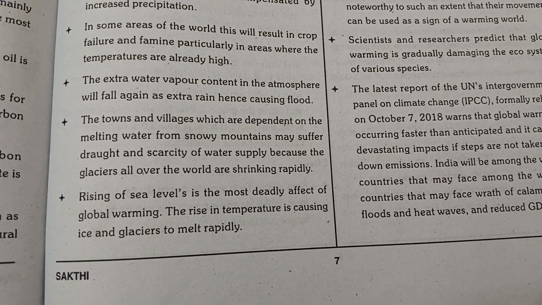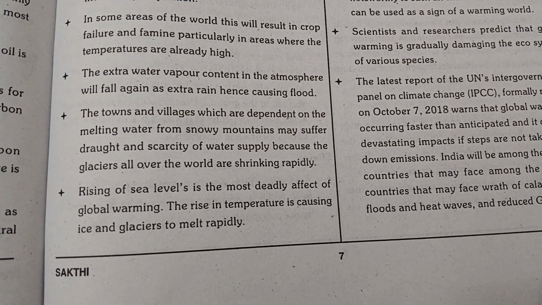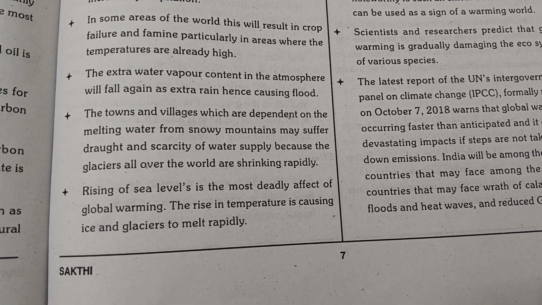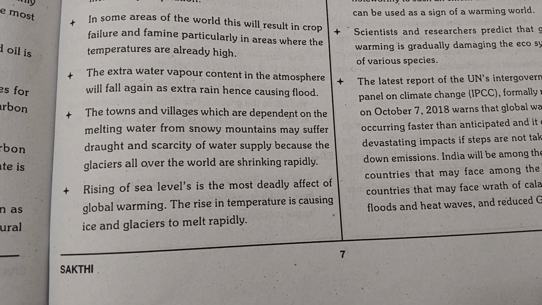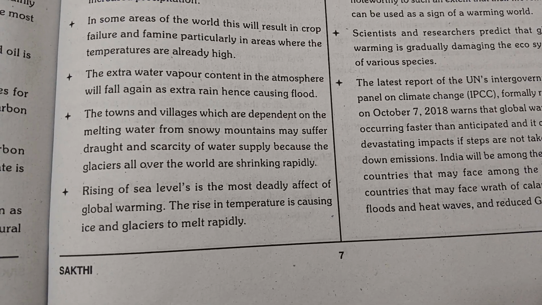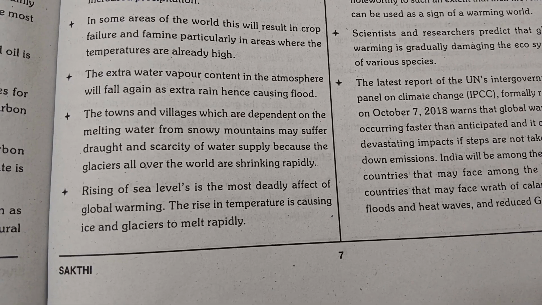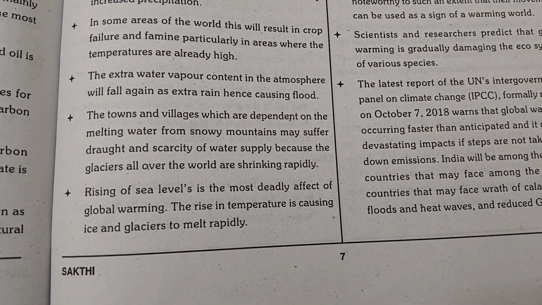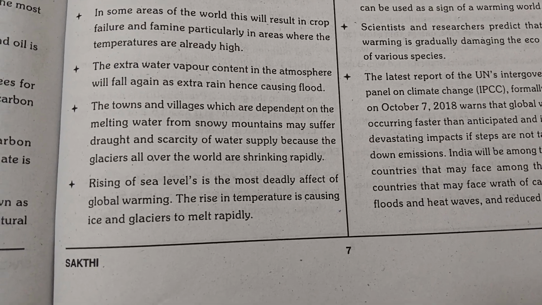The towns and villages which depend on the melting water from snowy mountains may suffer drought and scarcity of water supply because the glaciers all over the world are shrinking rapidly.